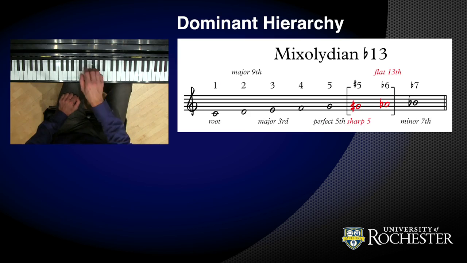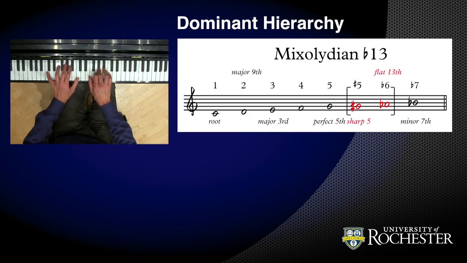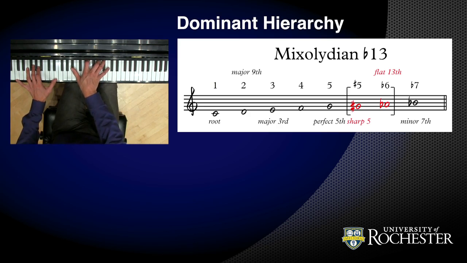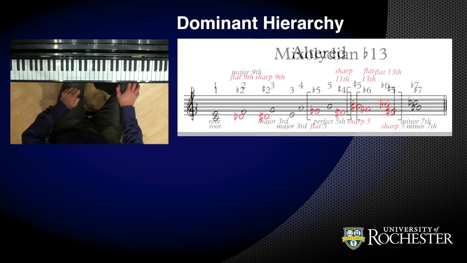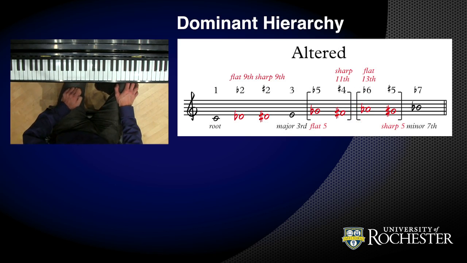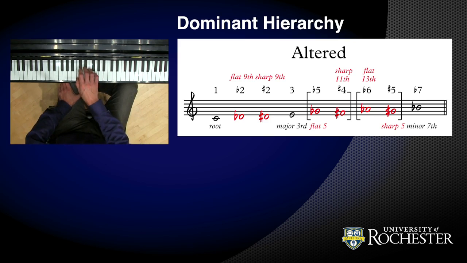Mixolydian flat 13. As the name suggests, beauty mark is flat 13 or flat 6. So that's the sound of your Mixolydian flat 13 mode. And finally, we have the altered mode, which wins in the category of most beauty marks. So here's the sound.